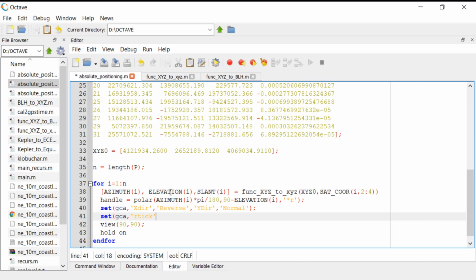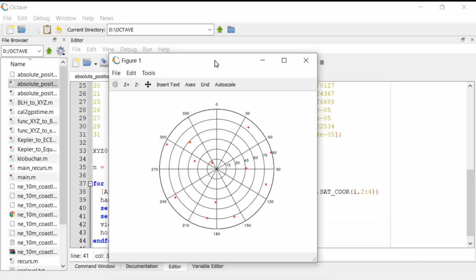As you know, in mathematics, polar coordinates in a plane are given by two parameters, theta and r distance. So R tick means the elevation angle interval. We will write this, beginning from 0 and increasing with 15 up to 90. Now let's run again. You see now better, every 15 degrees interval.